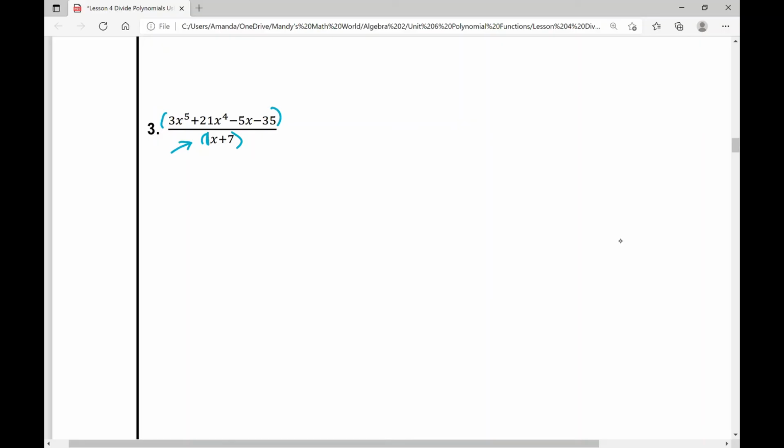I take this polynomial up top, draw this, and I put my coefficients, starting with the highest exponent down. So we have a 3, we have a 21, and notice I do not have an x cubed term, so what do I put there? I put a placeholder. Do I have an x squared term? I don't, so what am I going to put there? A 0.